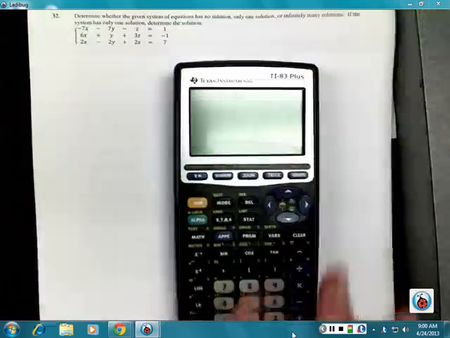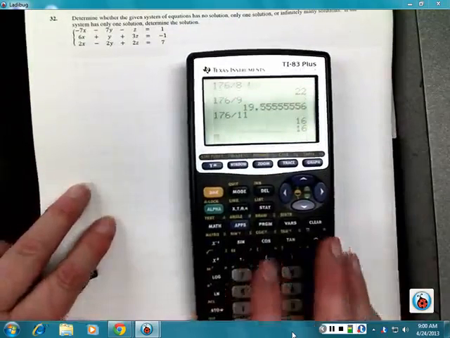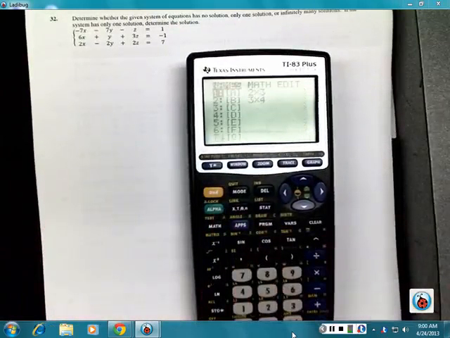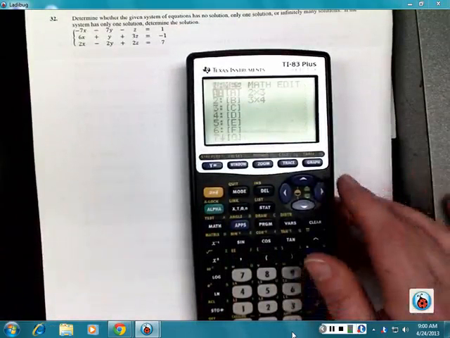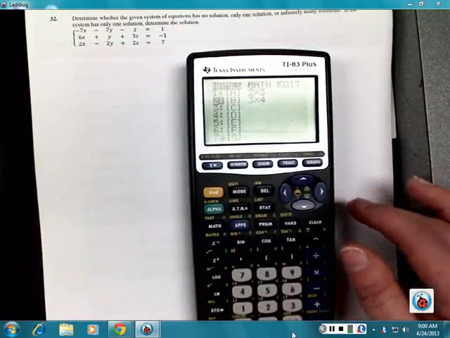Second matrix. It's a 3 by 4, so I go second matrix. And we have them set up in here, but I need to go where? Well, first I need to go down to the one I need. So I need to go down to B. I think everybody has their setup because we went through and did that.